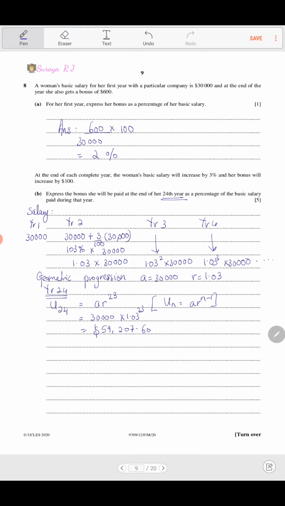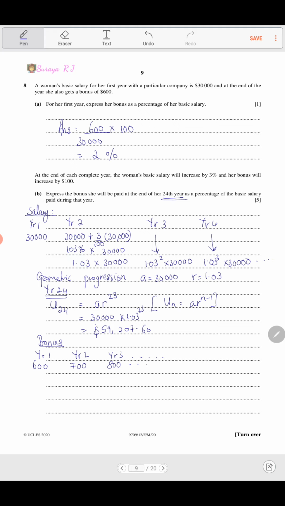Now for bonus. This is for salary. Now we have bonus. So bonus in year 1 is $600. In year 2 it is increased by $100, so it becomes $700. In year 3 it is $800, and it keeps on increasing by a constant amount of $100.